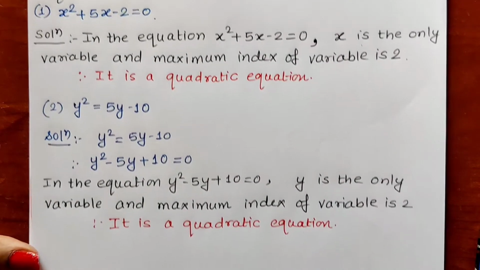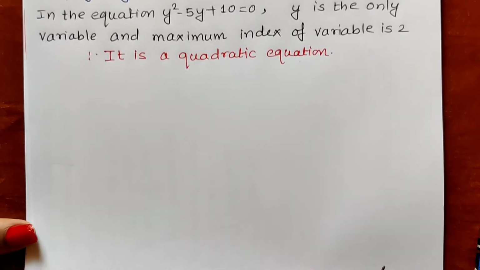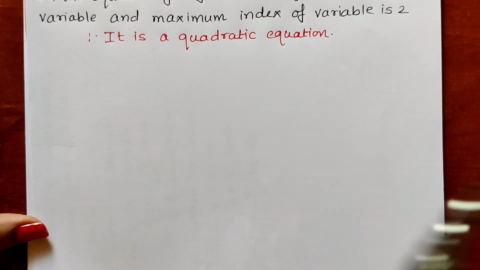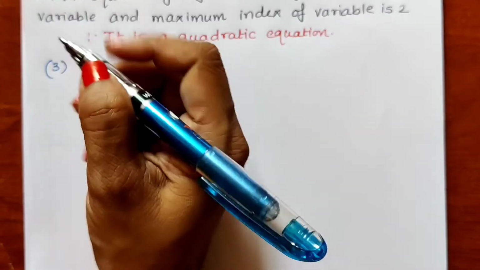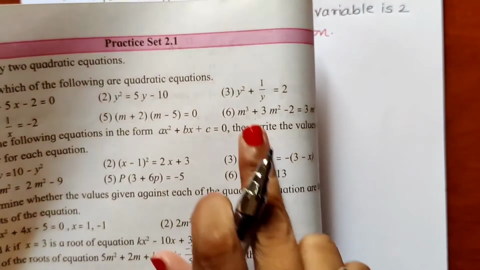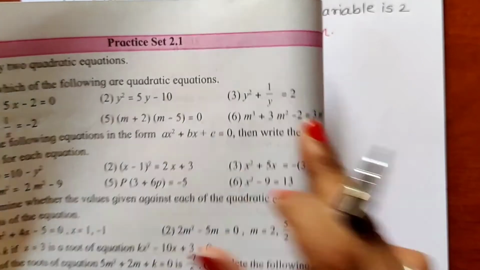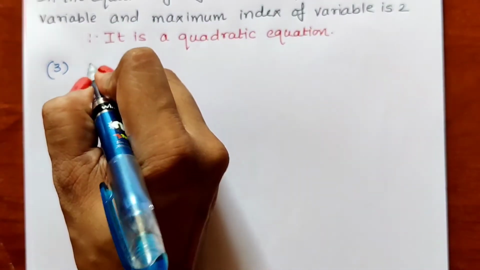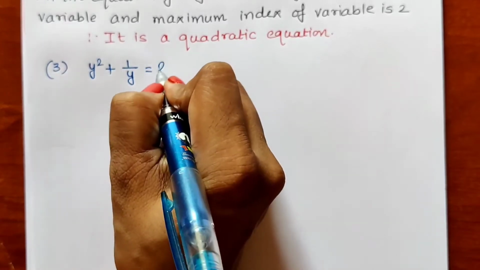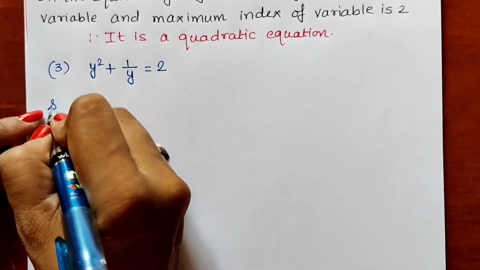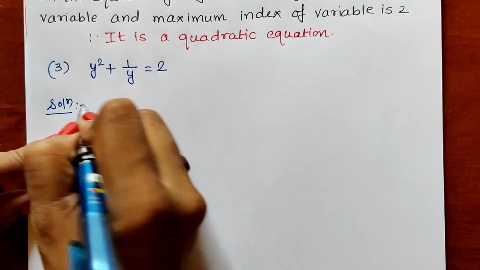Now let us go on to the third sum. Third one is y square plus 1 upon y is equal to 2. So let us solve this sum first. Solution.